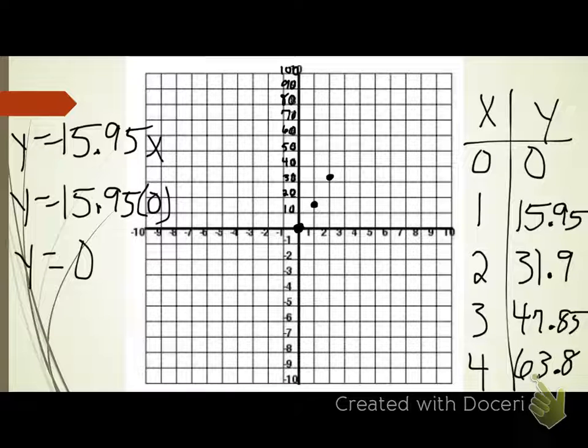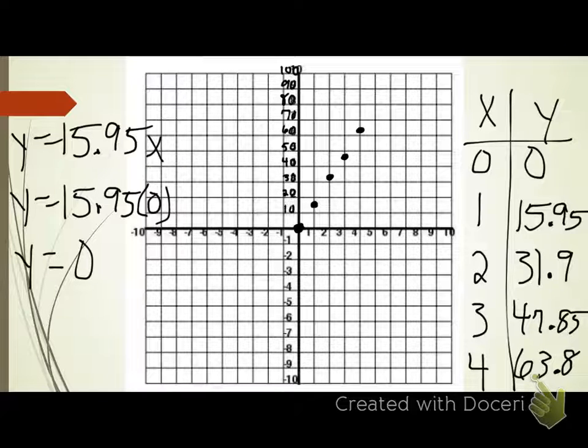Right 3, up 47.85. And then 4, 63.8. Right 4, up 63.8. Everyone okay with how I graph ordered pairs? Everyone knows how to graph an ordered pair.